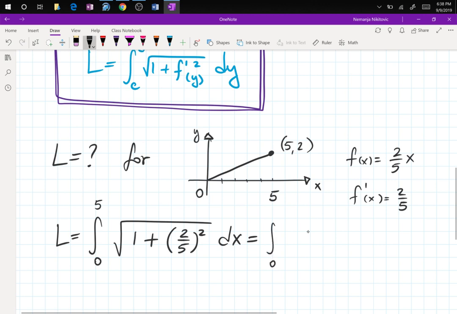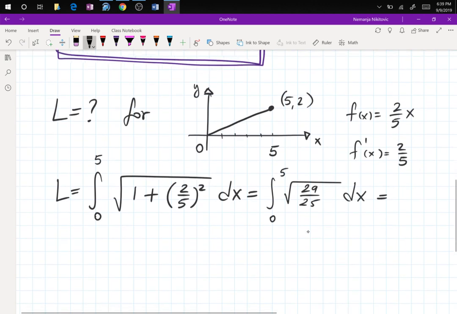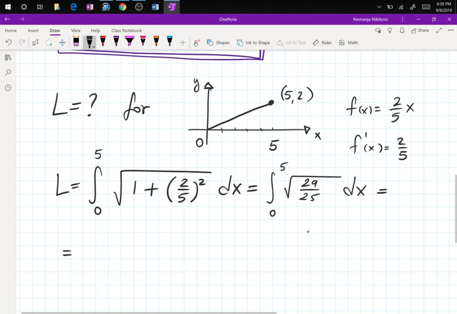So I have 0 to 5, square root of, and this is going to be 4 over 25, then 25 over 25, so that's 29 over 25 dx. We can kick the constant, square root of 29 over 5, out.